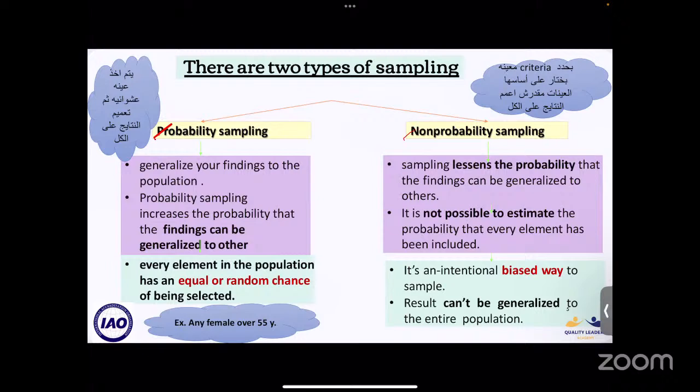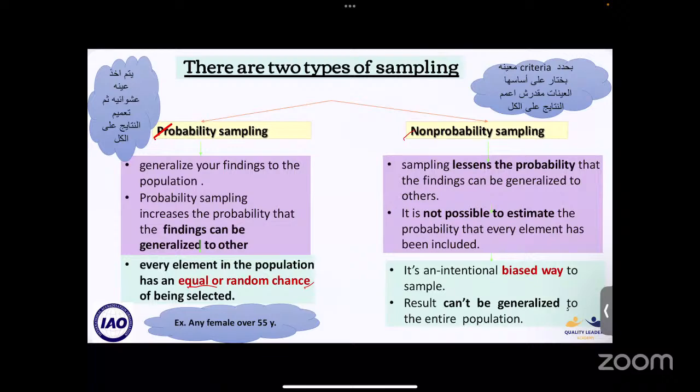So as a result, the study you conduct can be generalized to the full population. When we say probability sampling, every element of the population has an equal random chance of being selected.